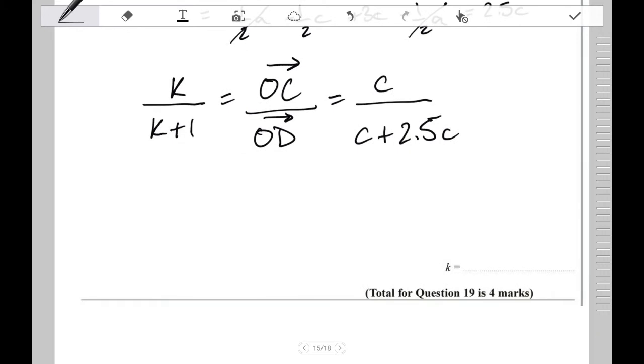So if we simplify that, we get K over K plus 1 equal to C over C plus 2.5C. So the C's can cancel out, so we end up with 1 over 1 plus 2.5.